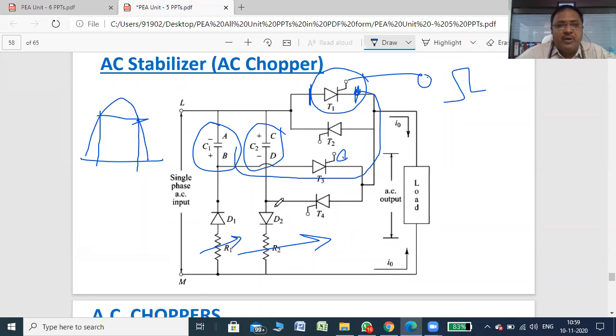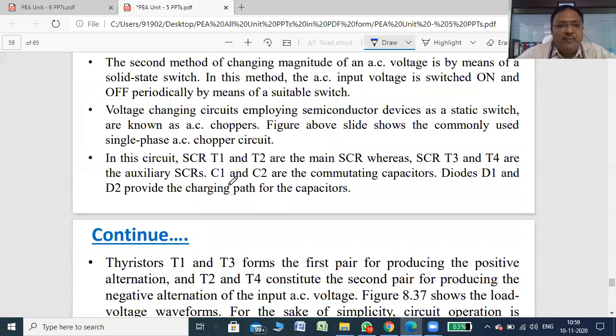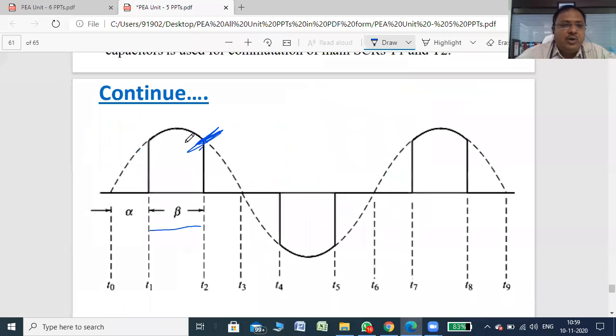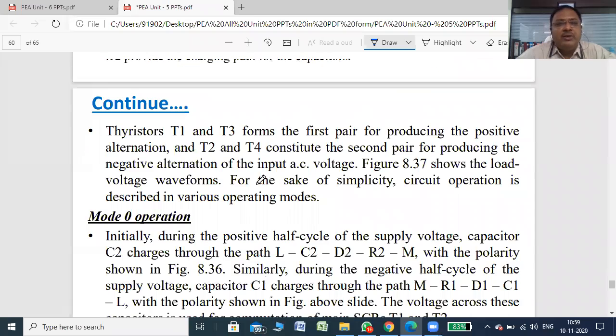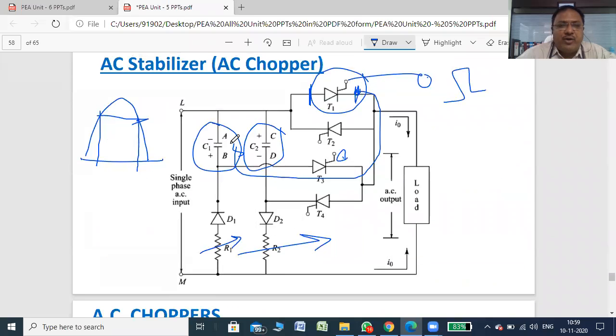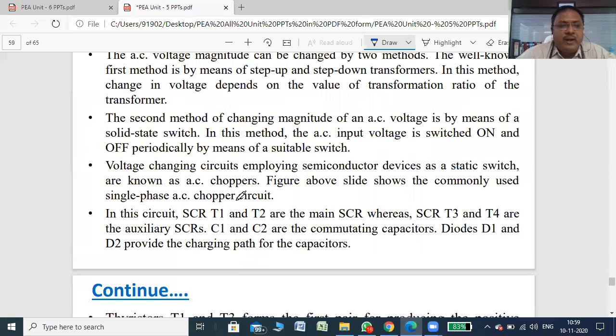Just for example, with the help of this waveform, here the voltage across the T1 anode is equal to 5 volt. So the capacitor is also charged up to 5 volt. This depends upon the value of the resistor. So capacitor C1 is having 5 volt, right?